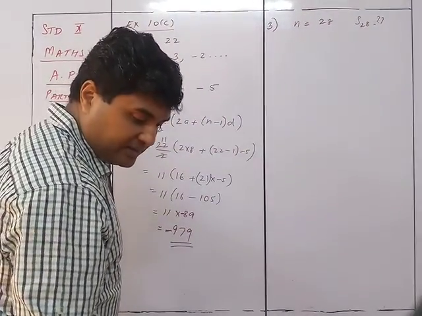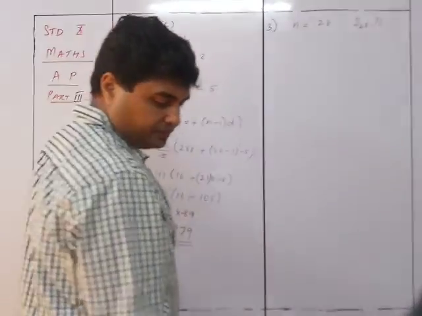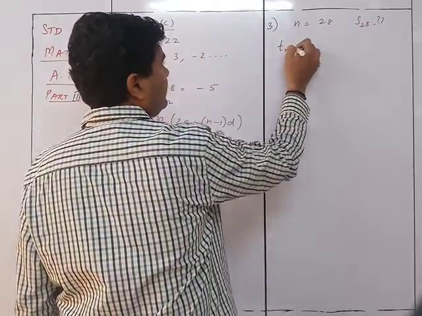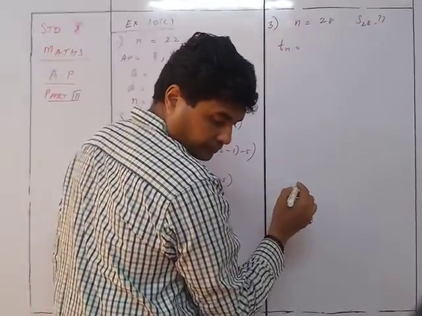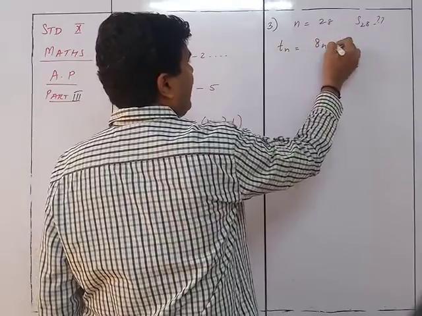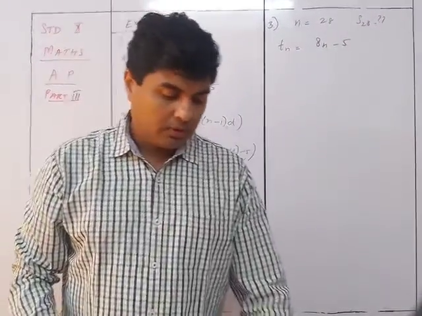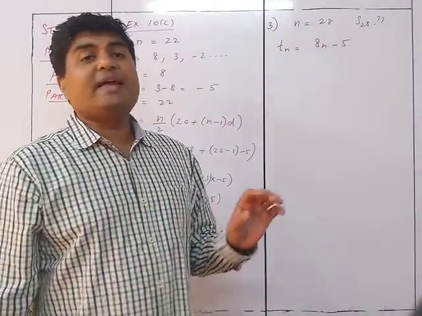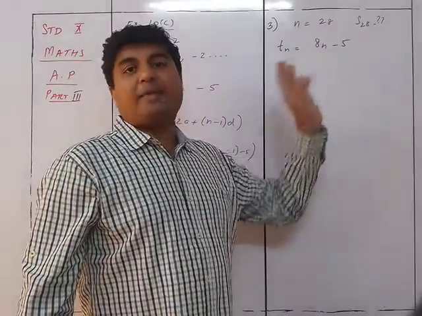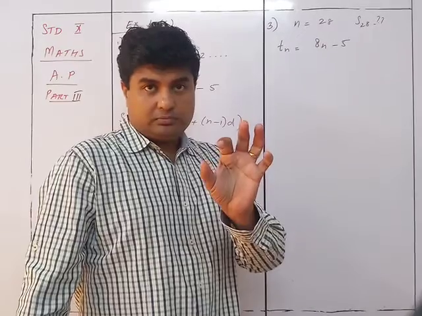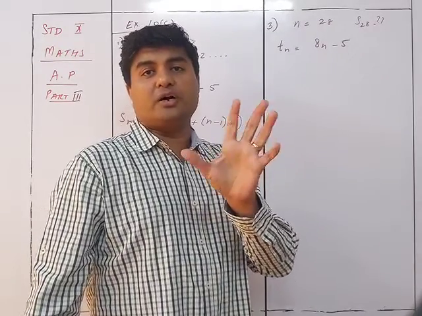What is given to us is that the nth term, Tn, is equal to 8n minus 5. A tricky sum. Whenever they give you the nth term like this, that means they are giving you a formula for the terms which are there inside.